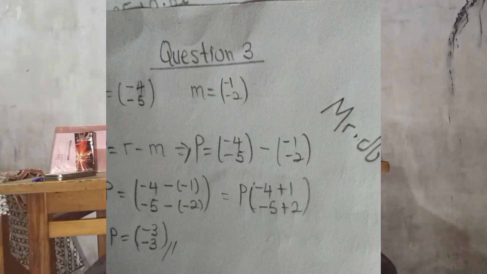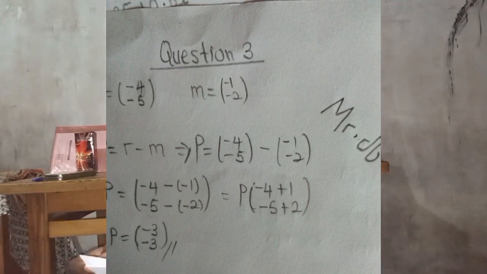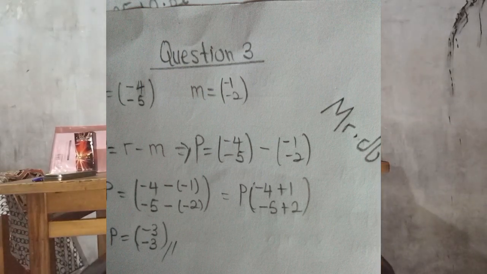So P is equal to R minus M. So P will therefore equal (negative 4, 5) minus (negative 1, negative 2). So the negative signs meet and change into positive, because negative times negative is positive.